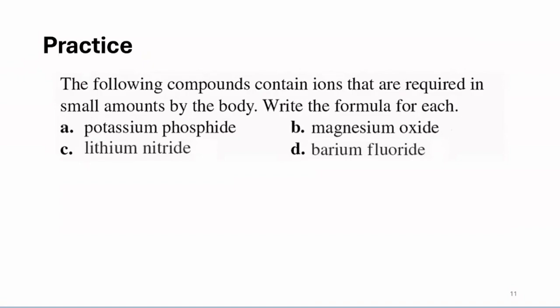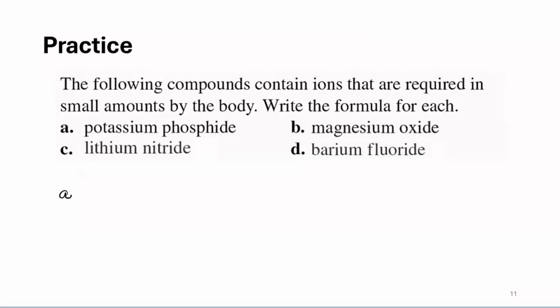You can refer to the 4 steps that we learned previously for writing chemical formulas when doing these problems. I'm going to do all 4 examples, starting with letter A.